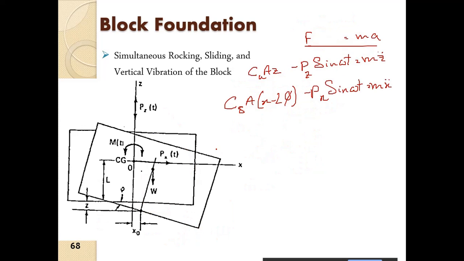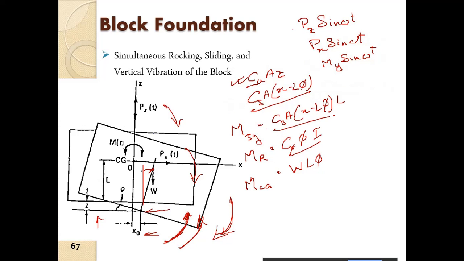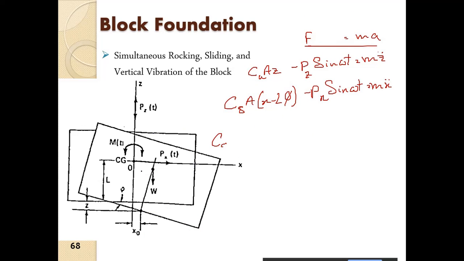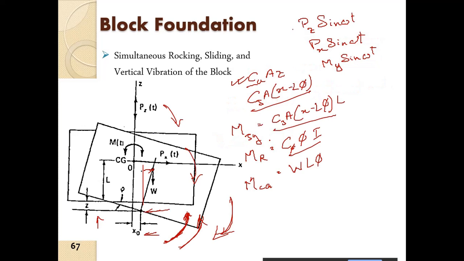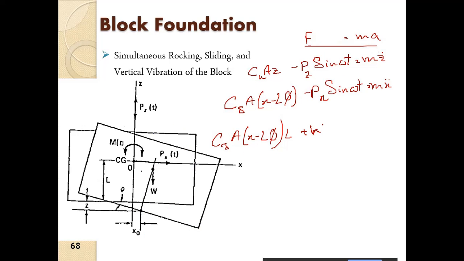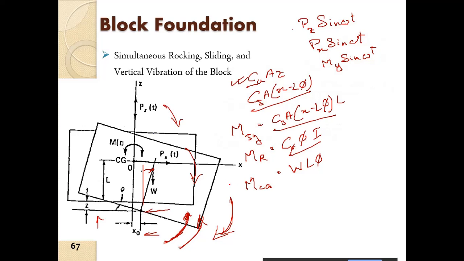So we can write, first of all, C tau A into x minus L phi into L, plus W L phi, plus W L phi. Okay, this is due to the soil reaction.